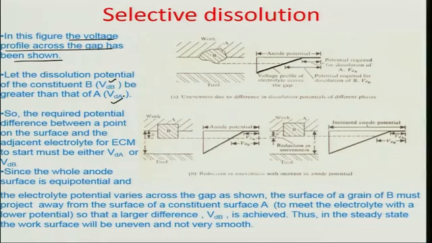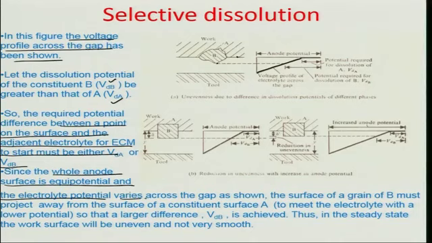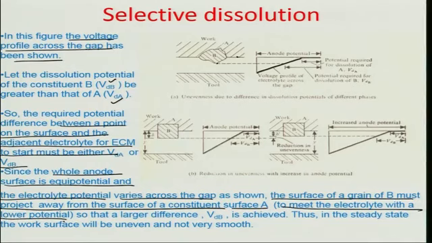Dissolution potentials of B and A have been shown as VDB and VDA, and the availability of VDB much inside the interelectrode gap region is visible, and VDA only provides the dissolution potential of A at a certain other distance, and so there is always a tendency of unevenness to happen between A and B. The required potential difference between a point on the surface and the adjacent electrolyte for the ECM to start must be either VDA or VDB, and since the whole anode surface is equipotential and the electrolyte potential varies across the gap as shown, the surface of the grain of B must be projecting away from the surface of the constituent A to meet the electrolyte with a lower potential, so that a larger difference VDB is achieved, so that dissolution can start happening.